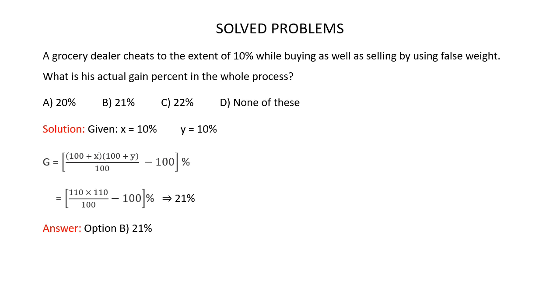So you get G is equal to (100 plus 10, which is 110) multiplied by (100 plus 10, which is 110) divided by 100 minus 100%. On solving this, we get G is equal to 21%. So the grocery dealer's actual gain percent in the whole process is 21%. So the correct answer is option B, 21%.